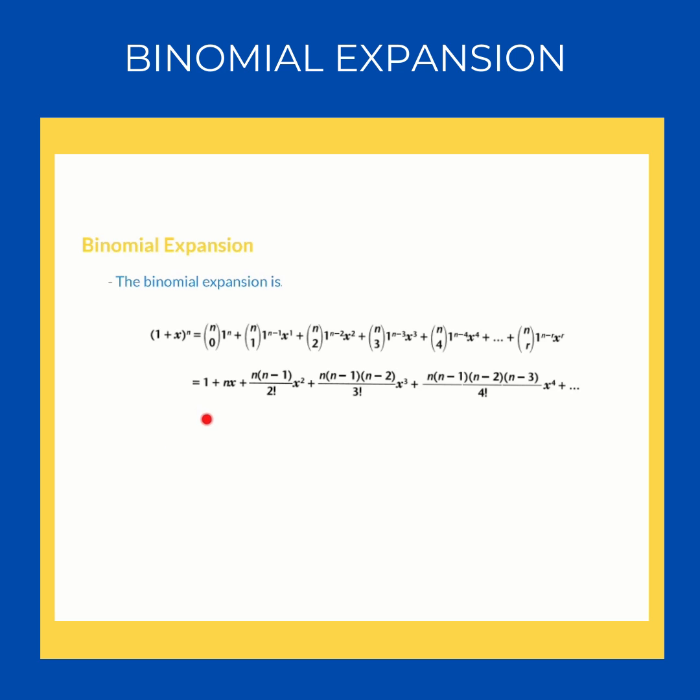So this is equivalent to 1 plus nx plus n times n minus 1 over 2 factorial x squared.